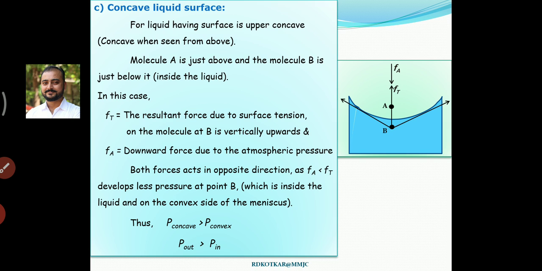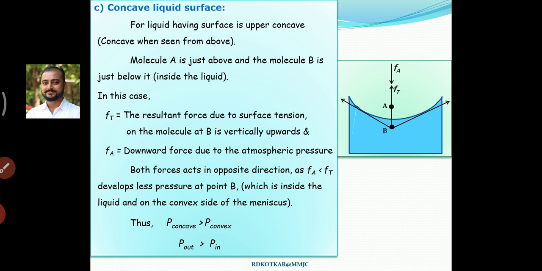Because in the previous case, we saw that the pressure on the concave side is less as compared to the convex side. Pressure on the concave side is greater, and the convex side is less.